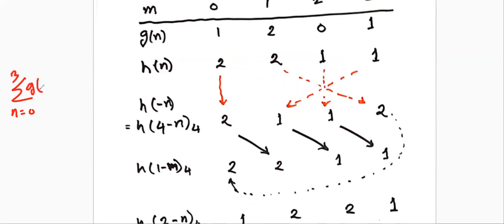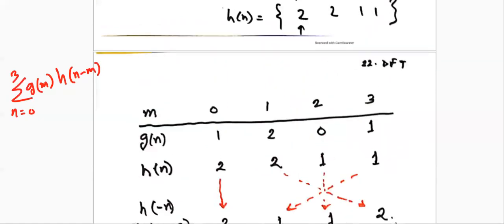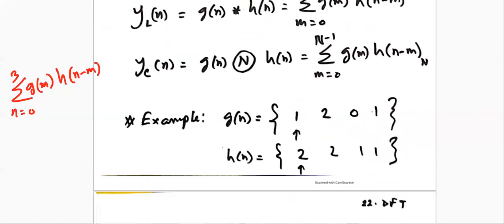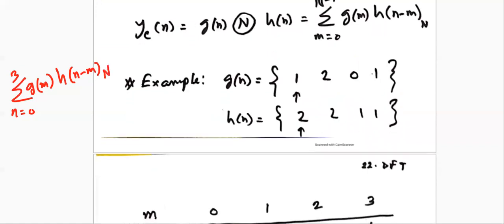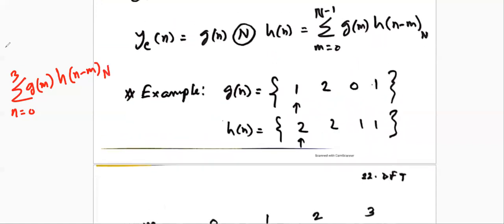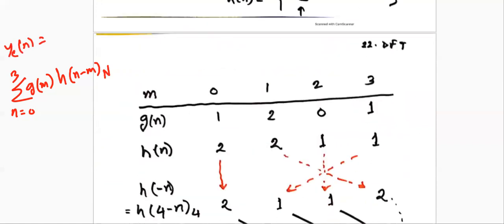Then g(m) and h(n minus m), and of course we need to put this capital N there as a subscript. What we are looking for is the circular convolution output. That is our target.